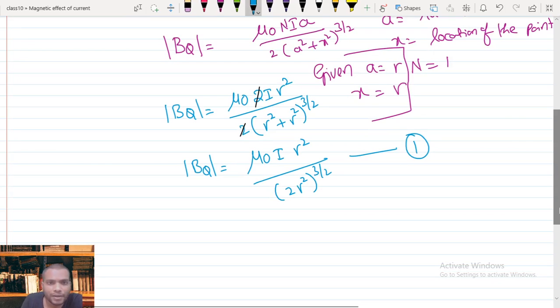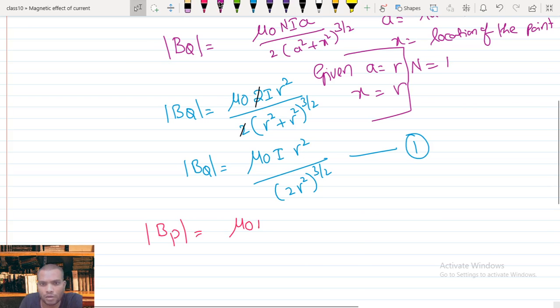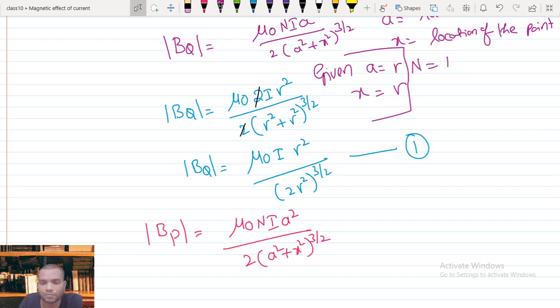Similarly, the magnitude of the magnetic field due to coil P uses the same formula, mu naught n I a square upon 2 into a square plus x square whole power 3 by 2.